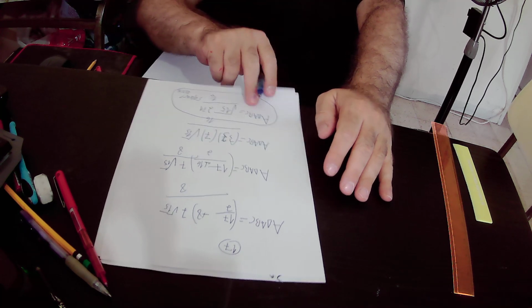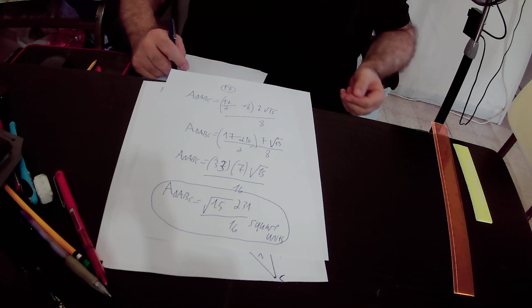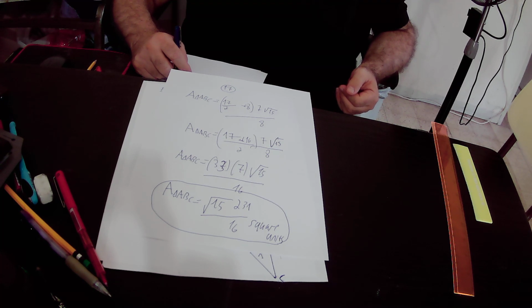Again, the area of triangle ABC equals root 15 times 231 over 16 square units.